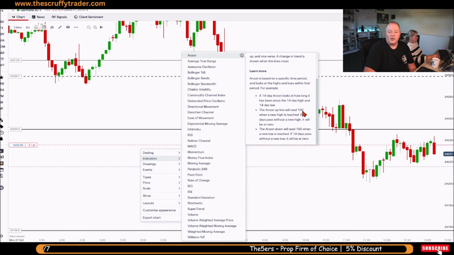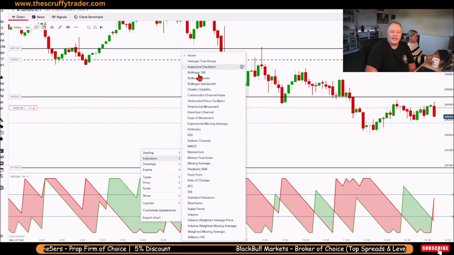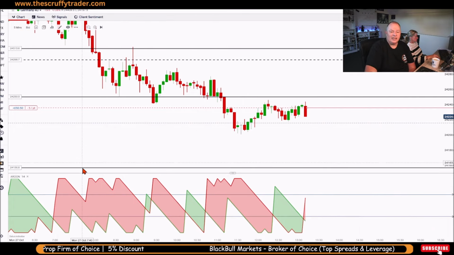And there you go, 14. And what it's doing is, if I just read this out for you, the Aroon line will reach 100 when a new high is reached. And if 14 days pass, a new high, it will be 0. And then vice versa.